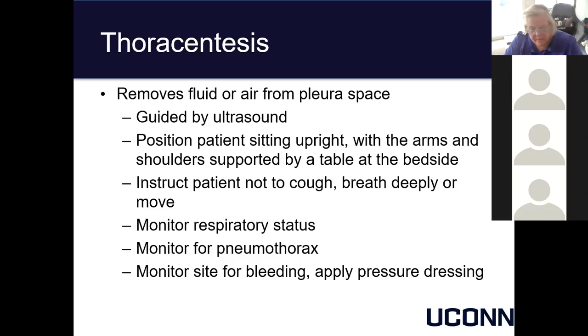They tap it, it resolves, and the patient goes on their way. But people with oncologically based pleural effusions or heart failure are prone to recurrent pleural effusions. And that's where the Pleurex and the Denver catheters come in.